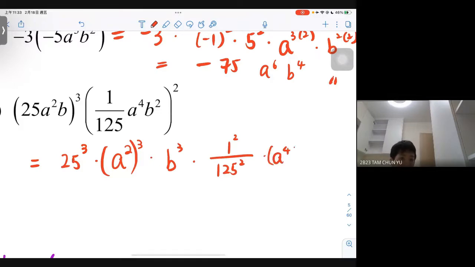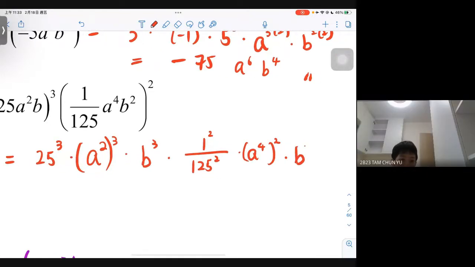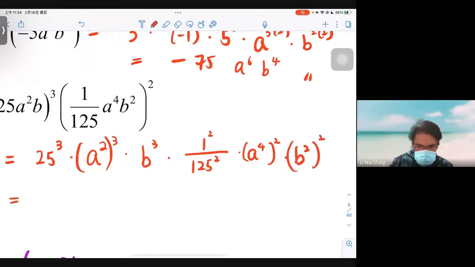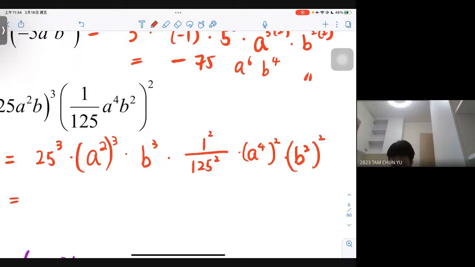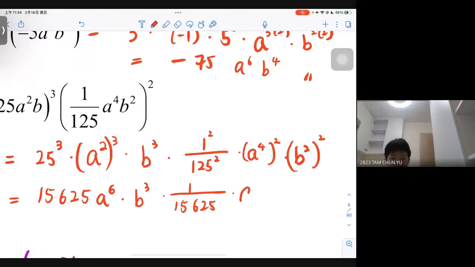Give this number a bracket and square, times b square. And give this number a bracket square. Yes, very good. Then what have you done next? Equal to 15,625 a to the power of 6 and b to the power of 3, times 1 over 15,625, and a to the power of 8 and b to the power of 4.